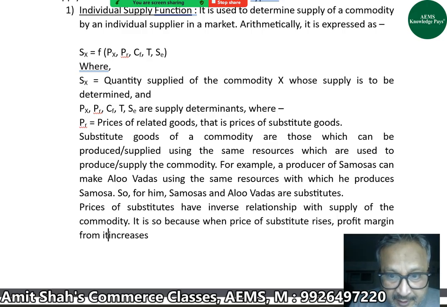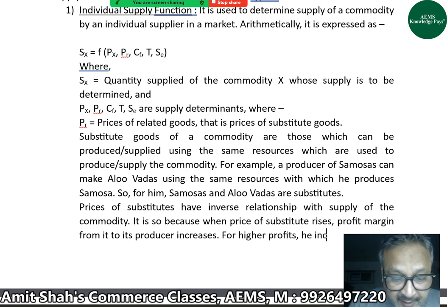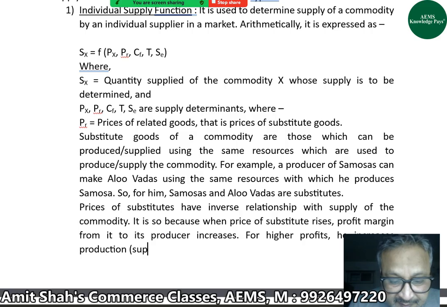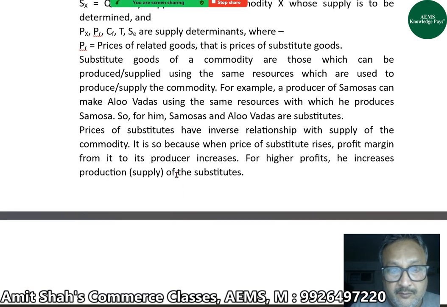Profit margin from it to its producer increases. For higher profits, he increases production, that is, supply of the substitutes, right?